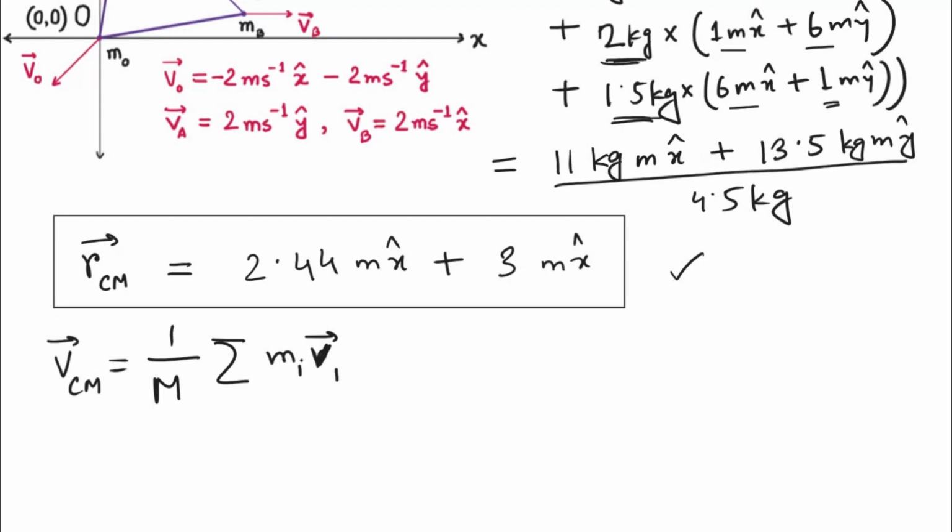Yeah, V. And what does that entail? So we have 1 over 4.5 kilogram, and then we have M0, which is just simply 1 kilogram, times minus 2 meter per second x hat.